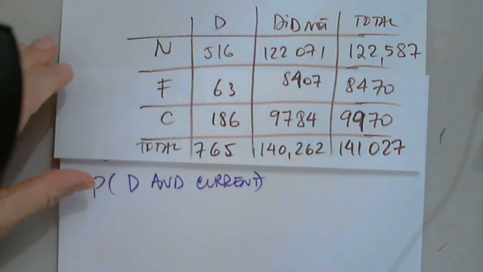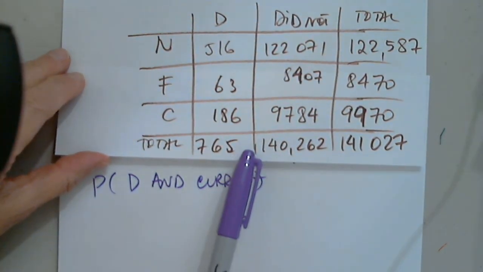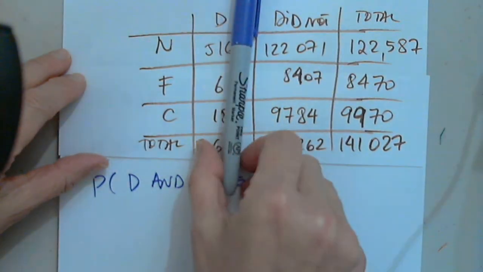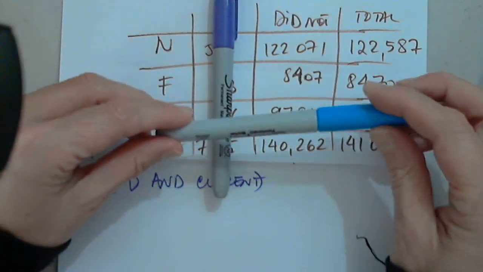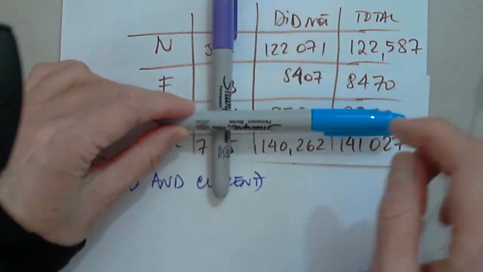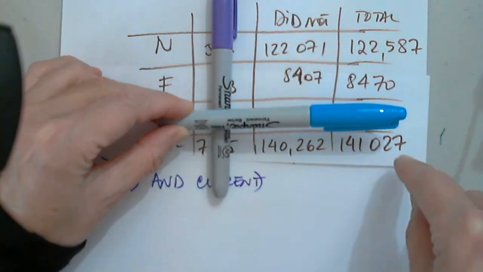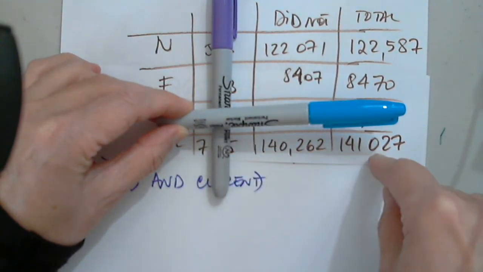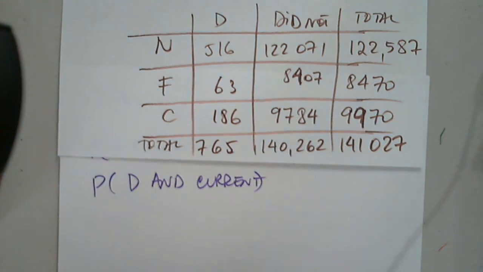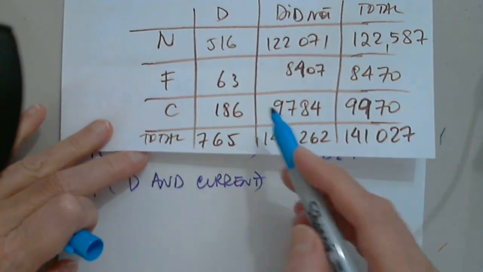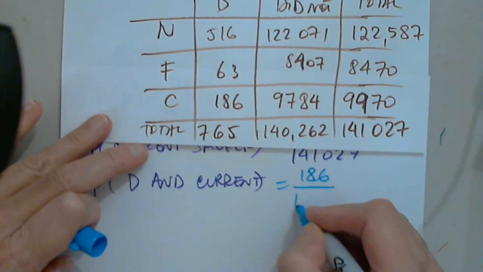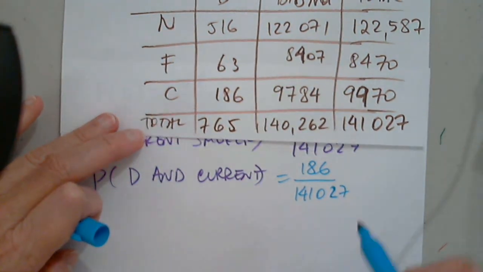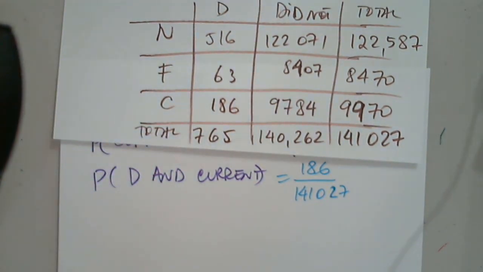Careful. Because we have the table, it's the intersection over the total. So it'd just be 186 over the grand total, 186 over 141,027, and we can get those numbers. I don't really care about the decimal numbers right now.